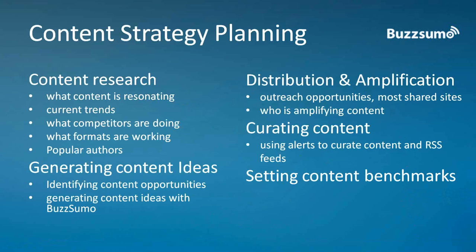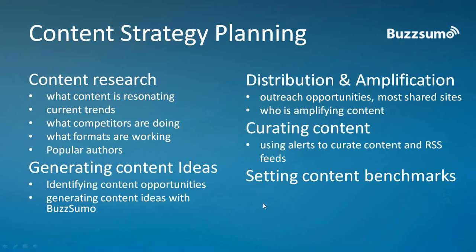How do we reach out to those individuals? And then finally just finishing up with some tips on how do we curate content and how do we set some content benchmarks, so in our planning we're quite clear what sort of targets we're setting for ourselves. So that's what I aim to run through this morning, so hopefully that's what you're expecting.